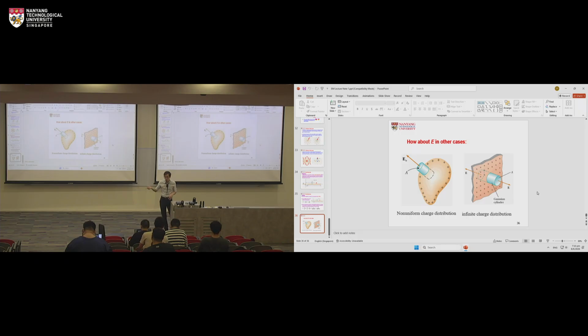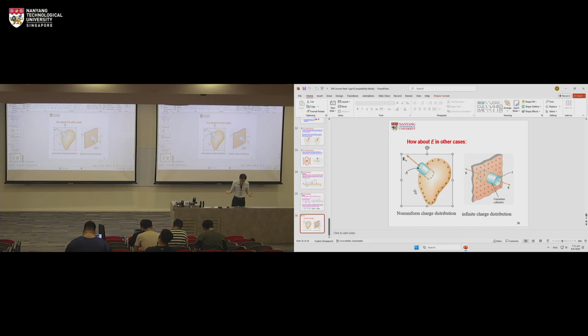We have Coulomb's law, right? And we can also determine the E when we have a uniform charge distribution. In principle, we can still construct a single point charge and then do this integration to find out the total, right? These are the 2 ways to determine E from the charge information, either a finite number or an infinite number of charges.